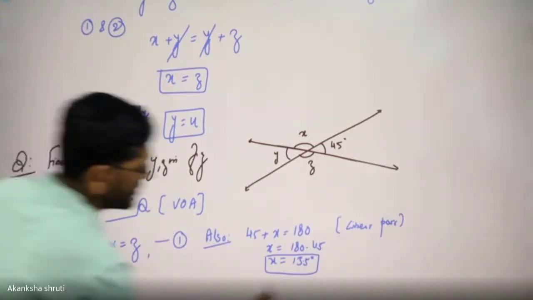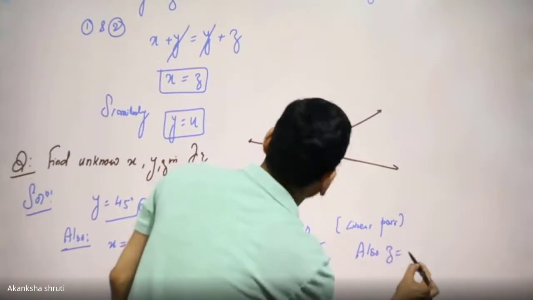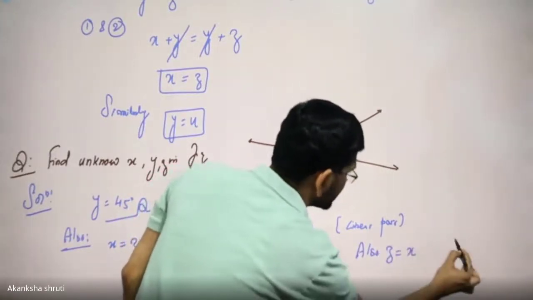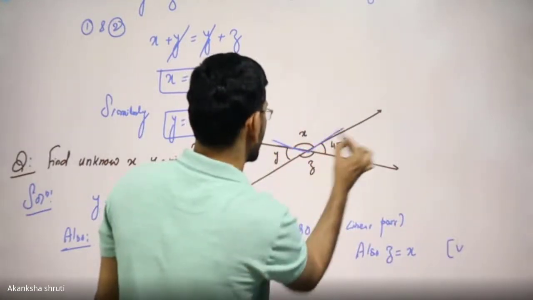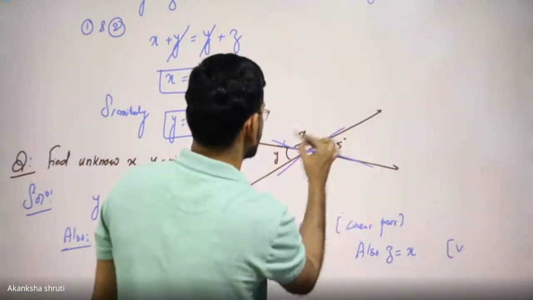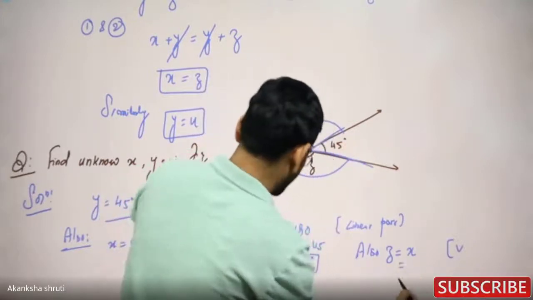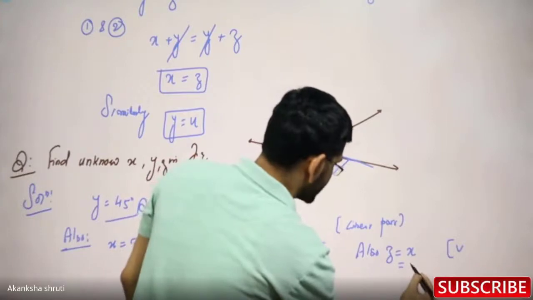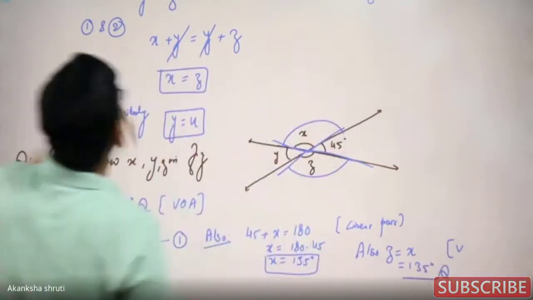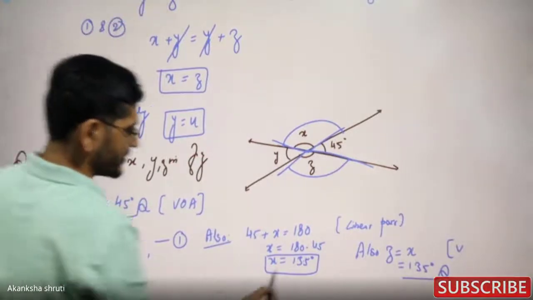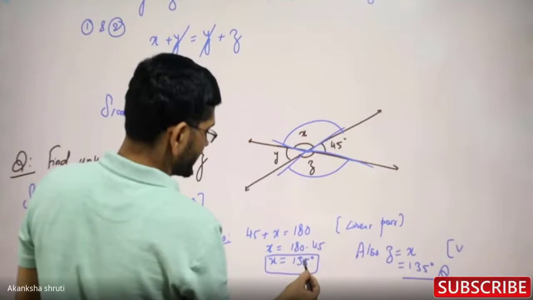So Z equals X, since these two are vertically opposite: if we consider one angle this, another angle this, then this side and this side are vertically opposite. And X we have just calculated, it is 135 degrees. That's all. This way the three angles we have determined, and they are very easy.